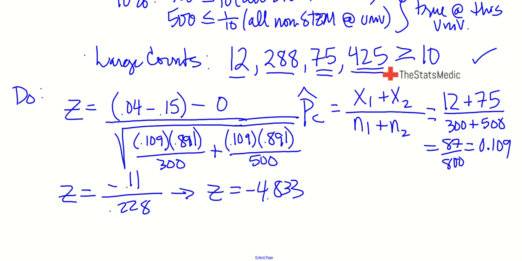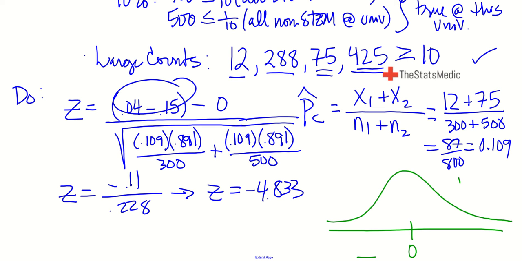That's a standardized z-score that corresponds to this difference in proportions. So if we look at a graph of that distribution, since we're looking at standardized, that would be a normal distribution with a mean of 0 and a standard deviation of 1.